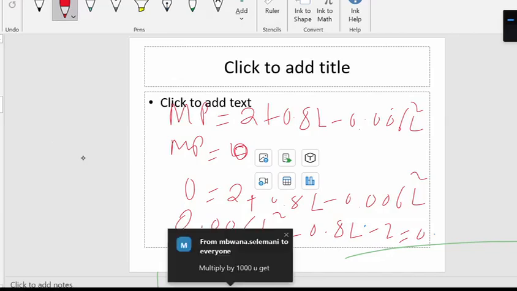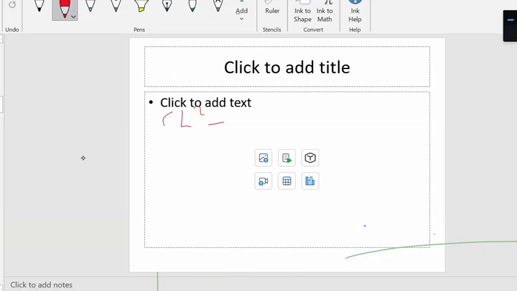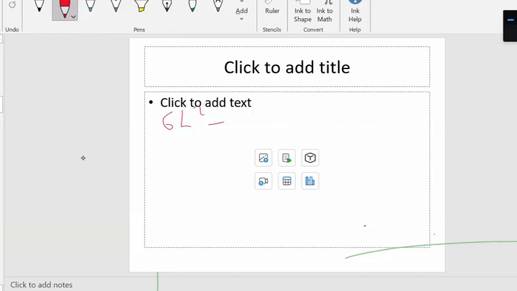Lazima tuzidishe ili tuziondoe kwenye decimal places kuwa namba za kawaida. Hapa tutapata 6L square, minus 800 L, minus 2000, is equal to 0.